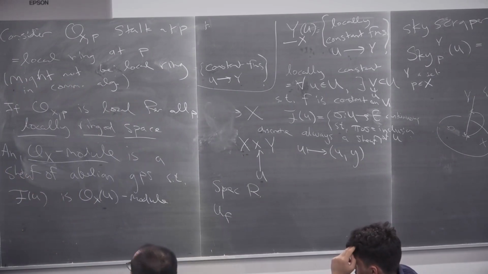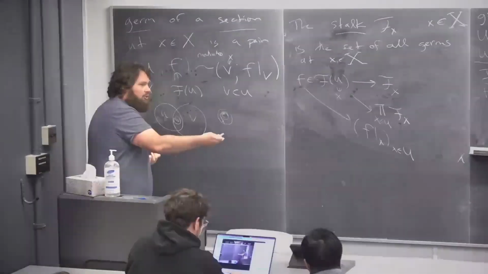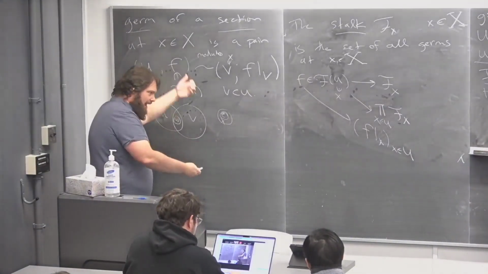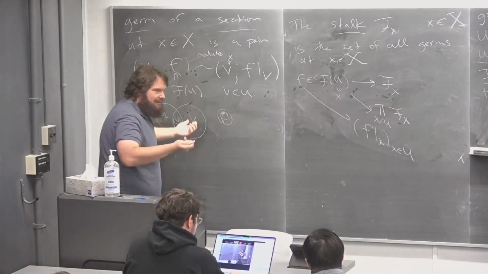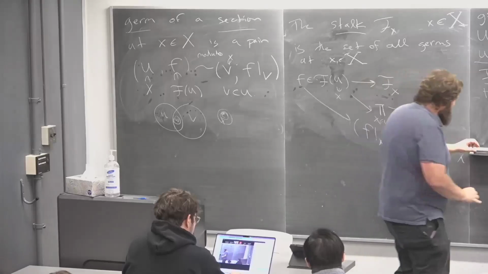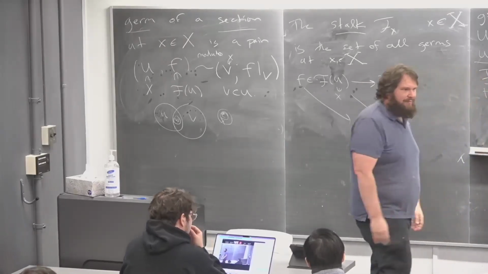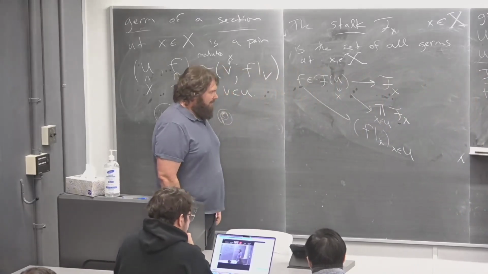I can get this by saying I have an open subset where I invert some function, and I take a section on that, which is an element of the ring divided by a power of the element I inverted. And that's exactly the local ring.